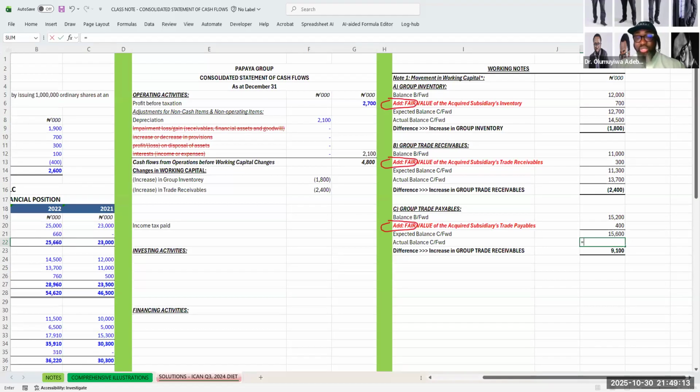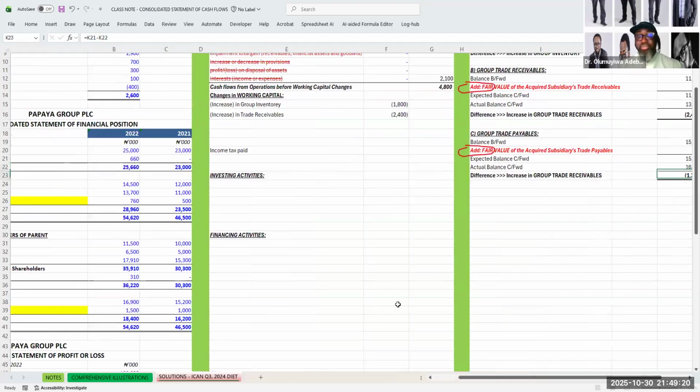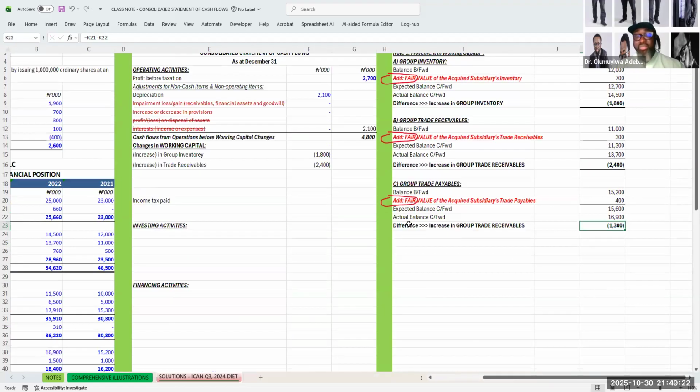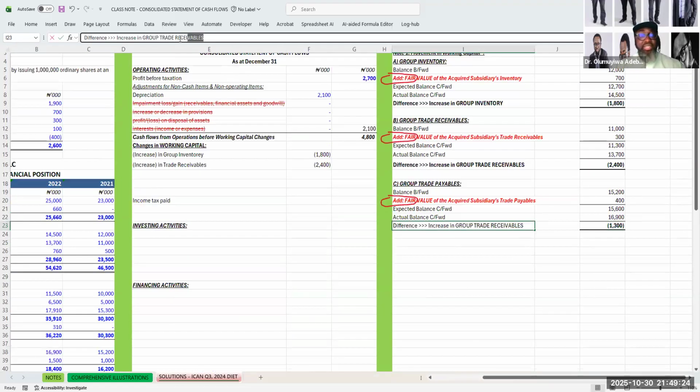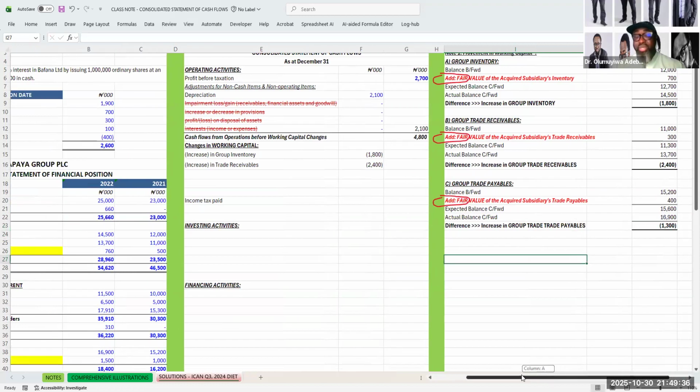But what is my actual balance? My actual balance is 16,900. And what is it? The difference is an increase in trade payable. Now, an increase in trade payable is more or less you collecting more money from your vendor or supplier instead of you paying them, which then means you are getting more cash at the end of the day.